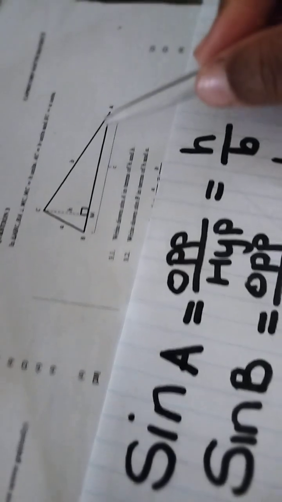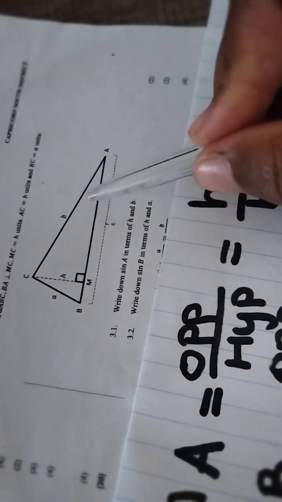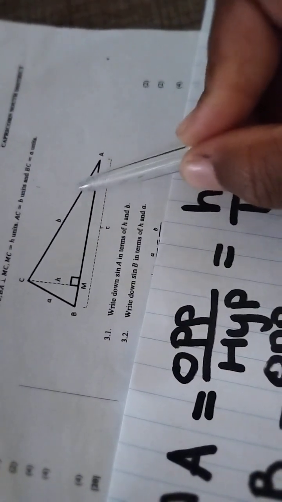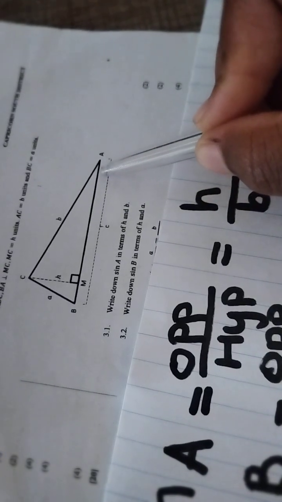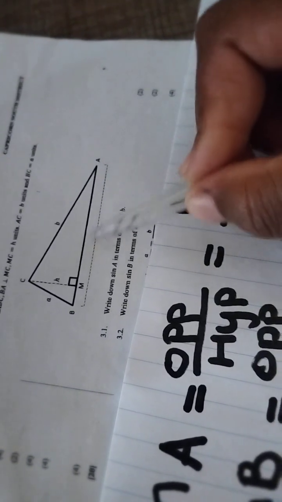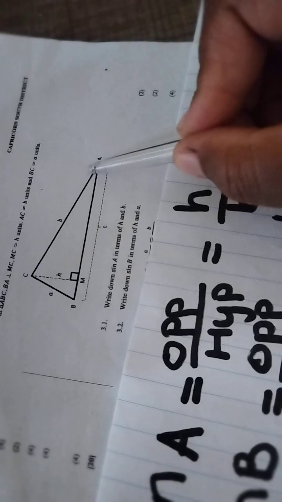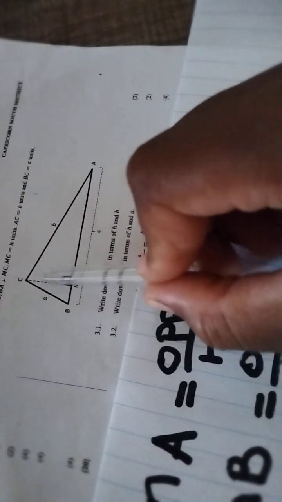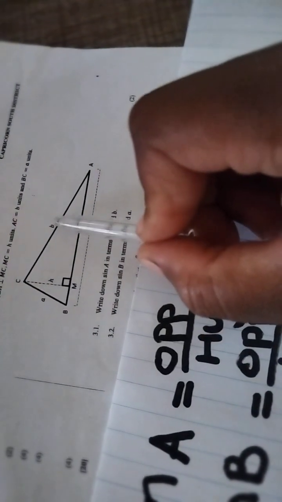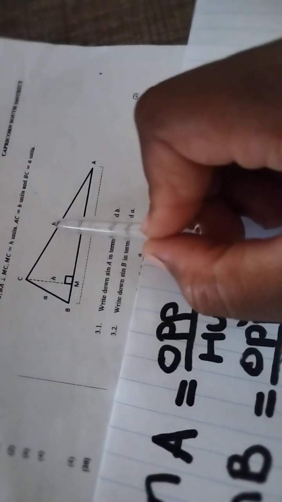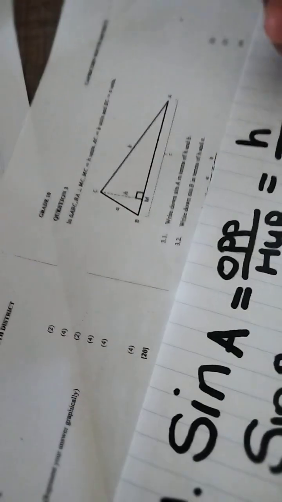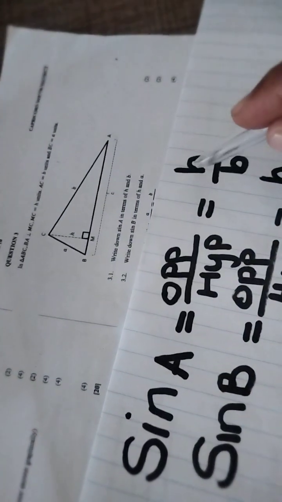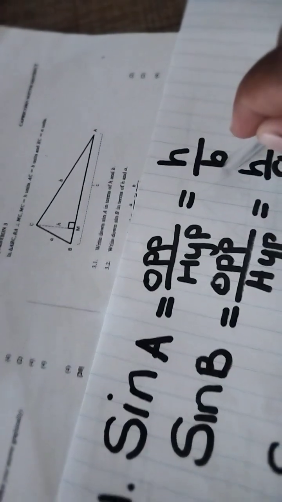So now let's identify, with angle A as the angle of reference, the adjacent and the hypotenuse. The side H is opposite. This is the hypotenuse B, and this is the opposite H. So the sine of angle A is opposite over hypotenuse, which is H over B.